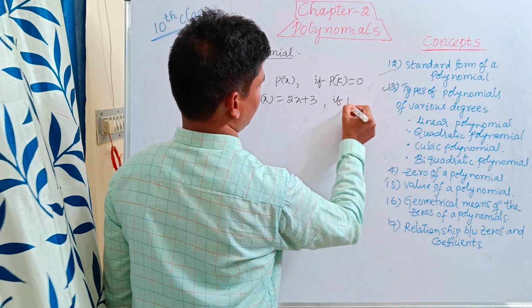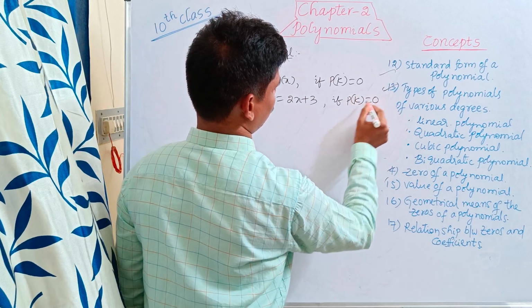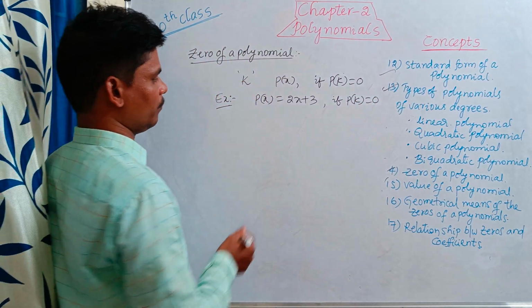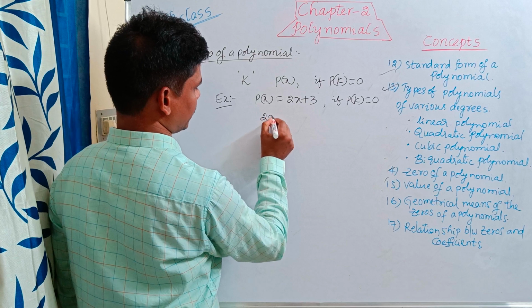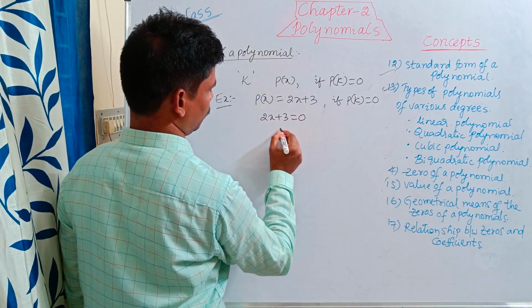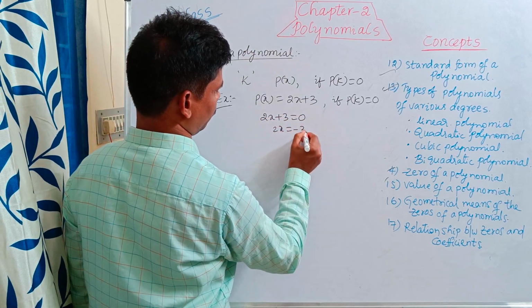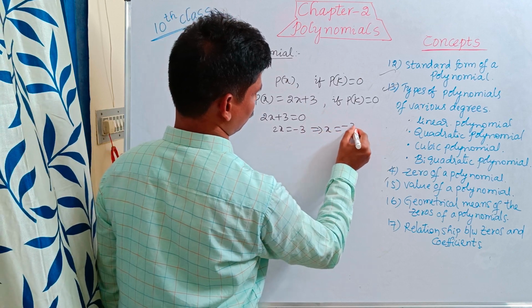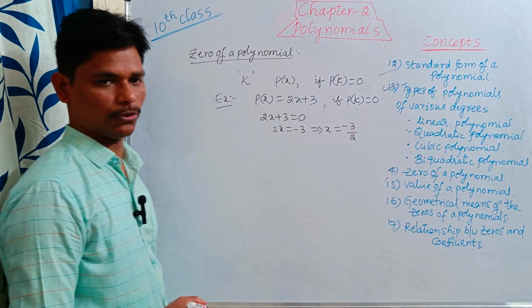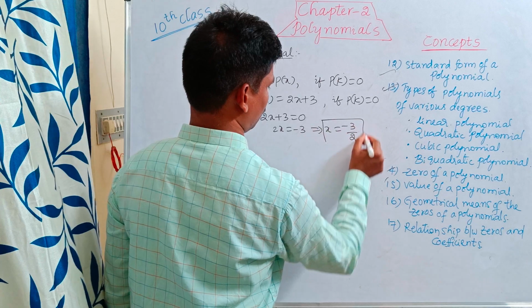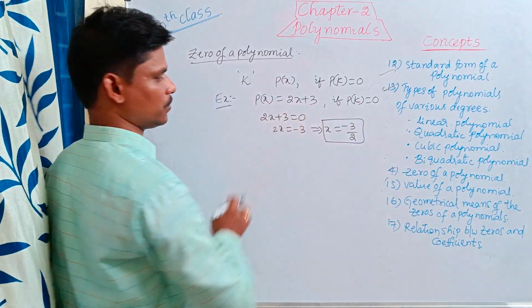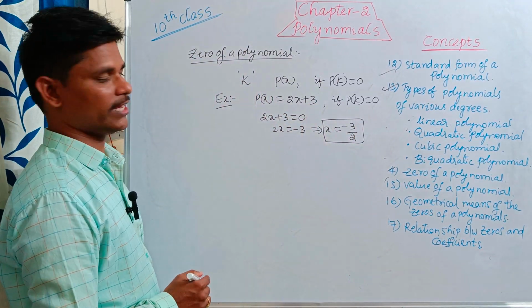If p of k is equal to 0, where k is any real number, then 2x plus 3 is equal to 0, 2x is equal to minus 3, x is equal to minus 3 by 2. So this is the zero of the polynomial p of x equals 2x plus 3.